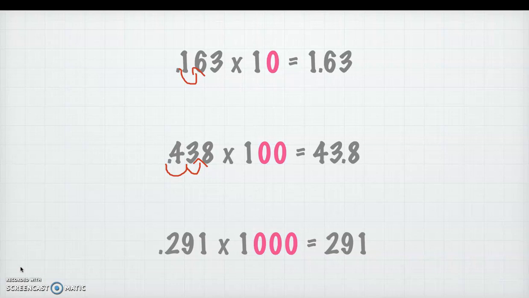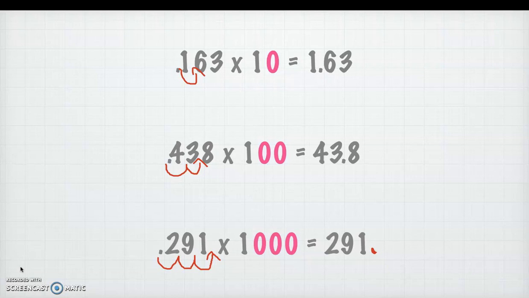1000 has 3 zeros, so all I'm going to do is move my decimal point 3 times to the right. So I'm going to go to my decimal point, 1, 2, and 3 times to the right. And my final answer is going to be 291. If you want, you can add that decimal point. But at the end of a whole number, there is an imaginary decimal point, so you don't have to add it right there.